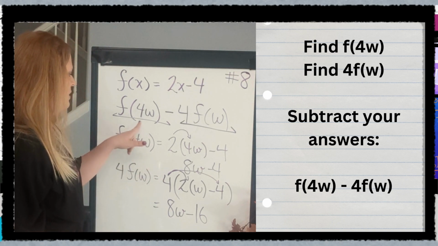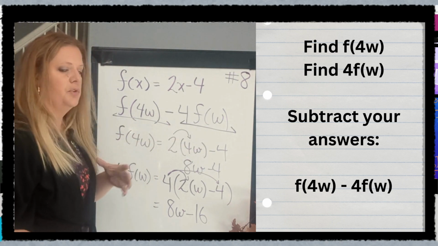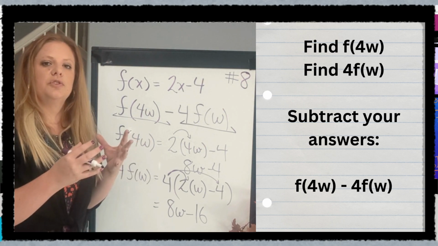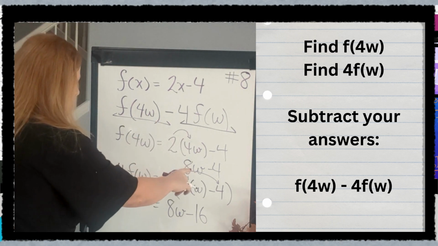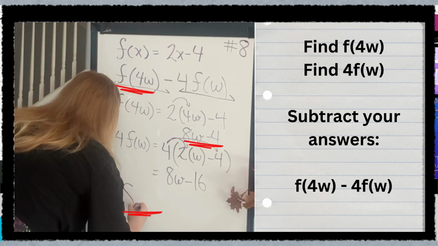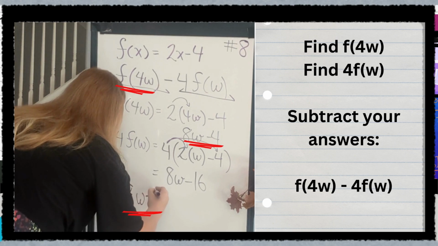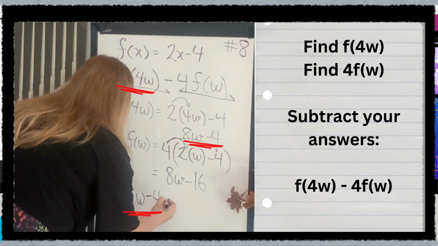Now, we are subtracting these two from each other. So we're going to take those two answers and subtract them. We get the quantity 8w minus 4.